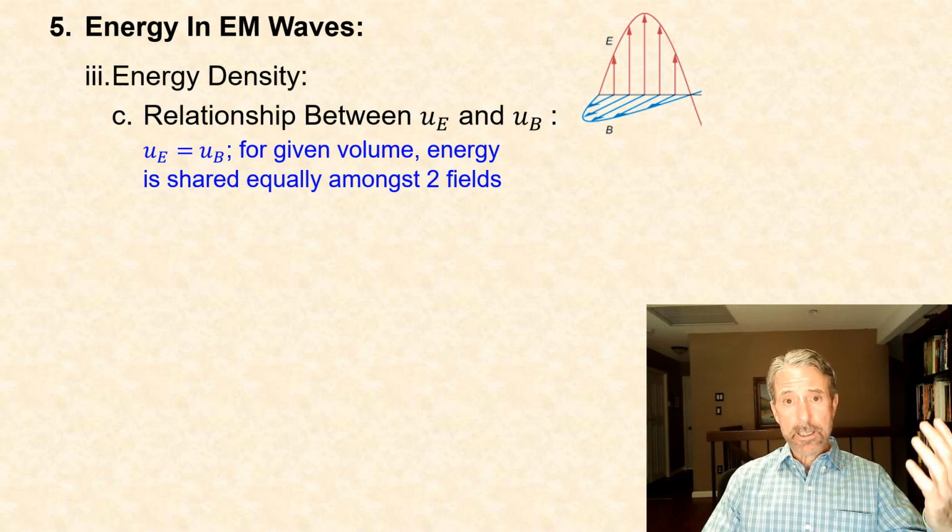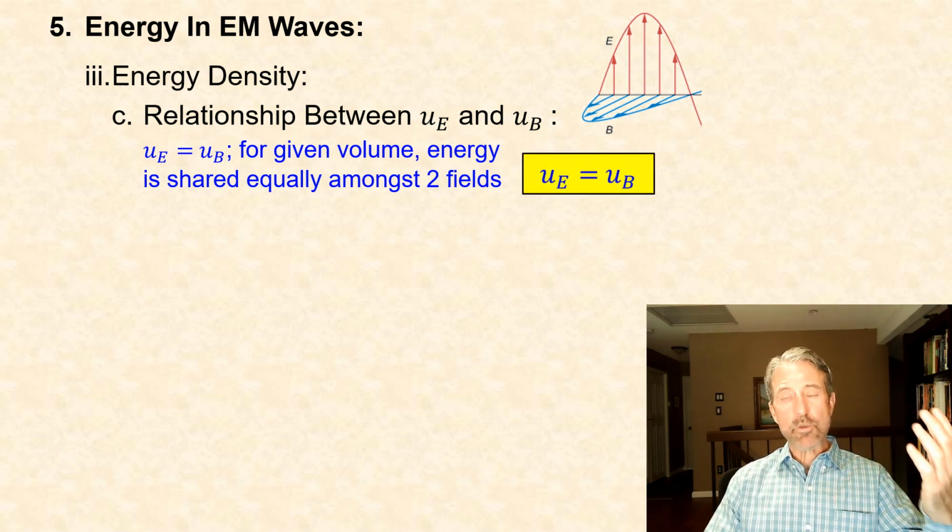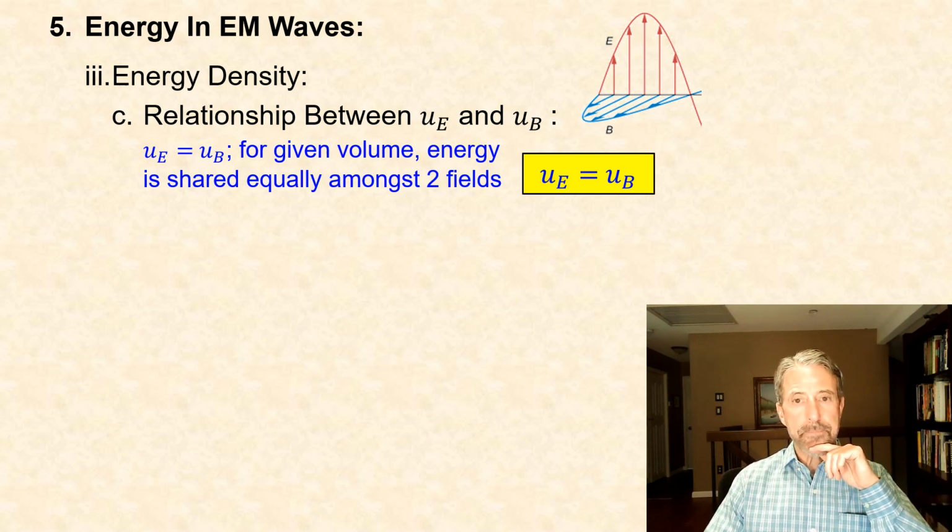So if I'm looking at an electromagnetic wave traveling through space, we can say that the energy density of one field type must be exactly equal to the energy density of the other field type at any given point in time.